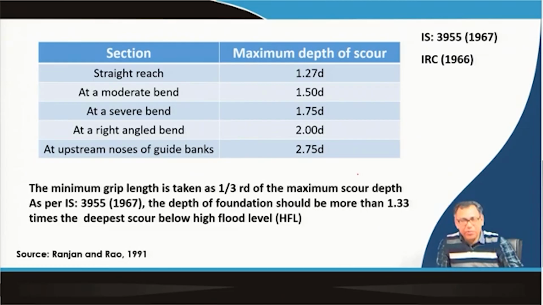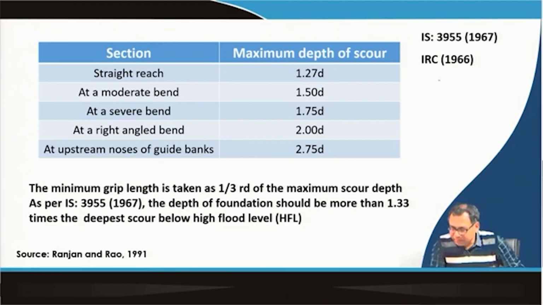Now we have to determine what will be the grip length. The minimum grip length is 1/3 of the maximum scour depth. So that is the recommendation. As per IS code 3955/1967, the depth of foundation should be more than 1.33 times the deepest scour below the high flood level.